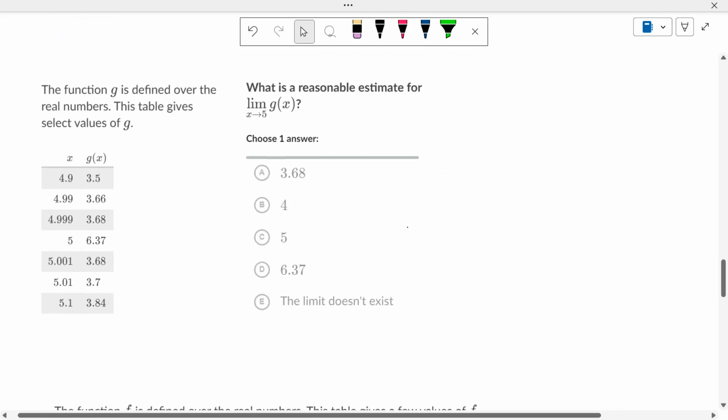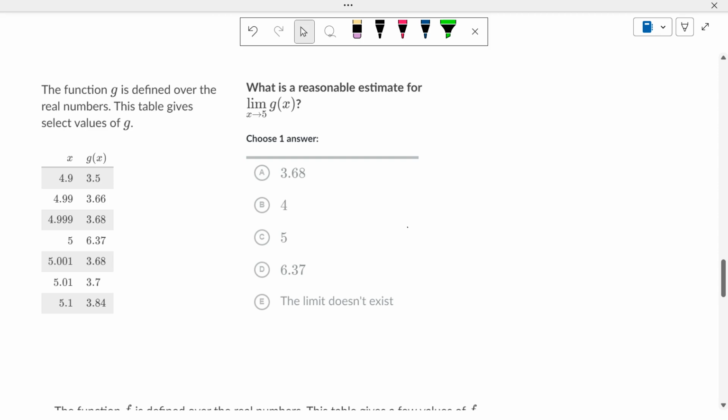All right, this one. As x approaches 5, what seems to be the limit? Okay, I bet you can zero in that it's either A or D, right?